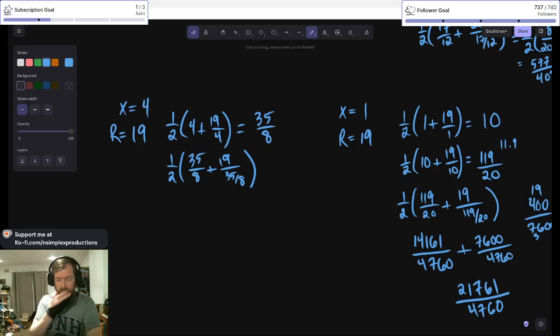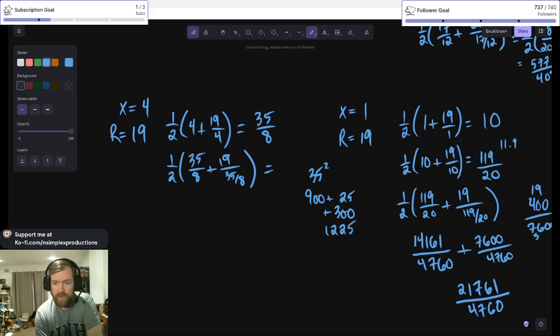Again, we're going to have to then multiply the first fraction top and bottom by 35 for much the same reason. So 35 squared is going to get us 1225.